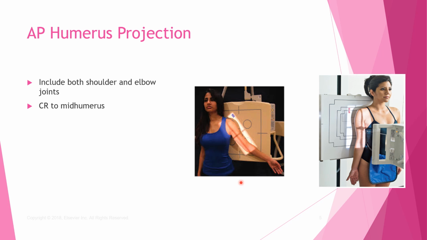Okay, so you want the medial and lateral epicondyles of the humerus to be parallel and equidistant from the image receptor. And central ray, like we said, is mid-humerus.